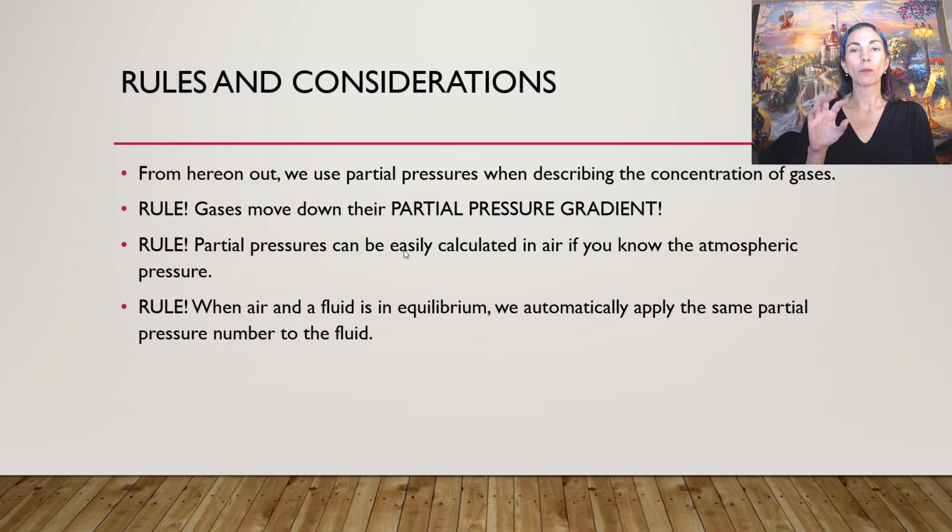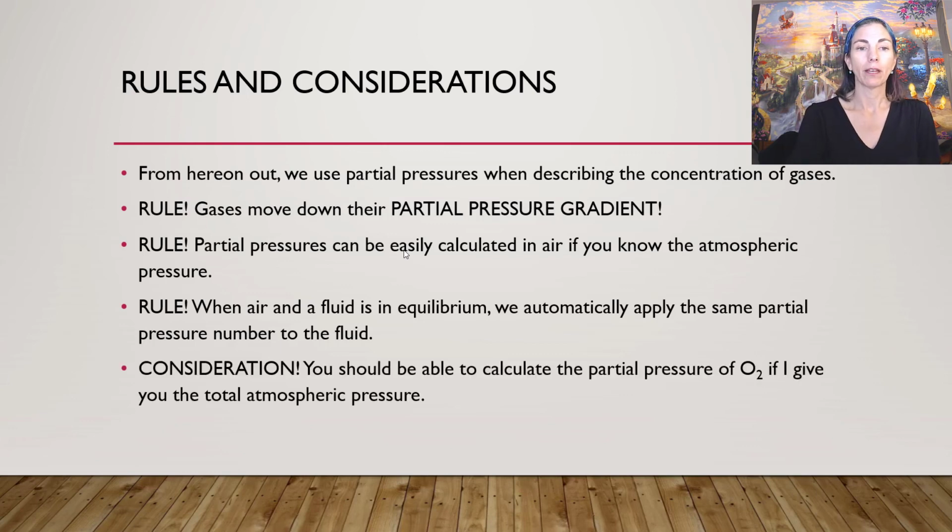So if we started with a partial pressure of air of 150 and the fluid had a partial pressure of 20, and now over time the fluid and the air have reached equilibrium, the fluid is now given the same partial pressure as the air. And then finally, you will need to be able to calculate the partial pressure of oxygen if I give you the total atmospheric pressure. All right, so that ends our introduction into the weird world of partial pressures.